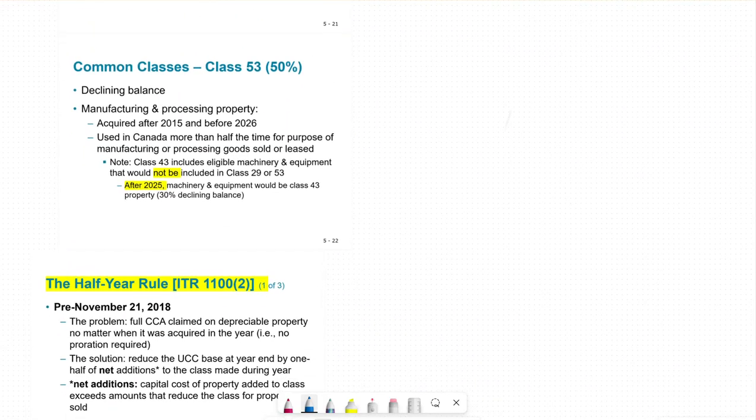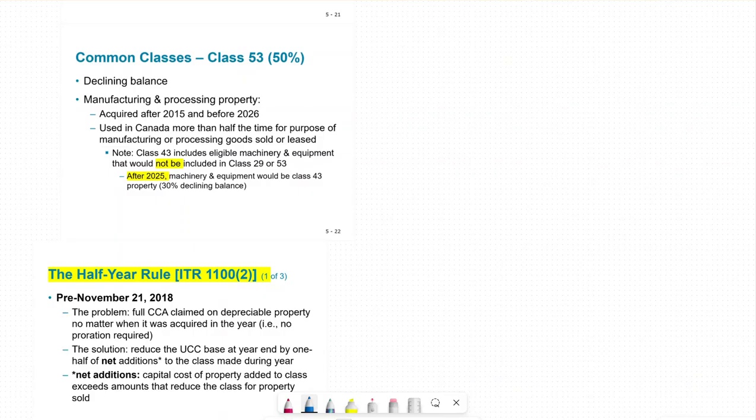Going further, we have manufacturing and processing properties. They go under class 53, and the CCA we're allowed is 50%. It is any manufacturing or processing property that was acquired after 2015 but before 2026, but it has to be used in Canada.